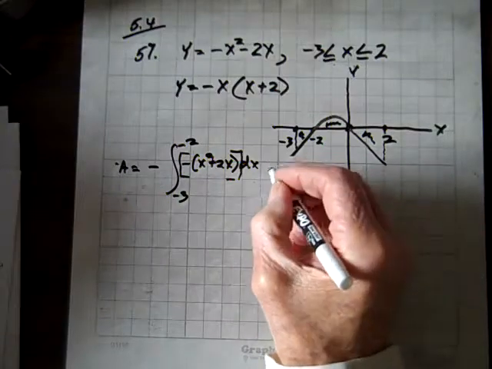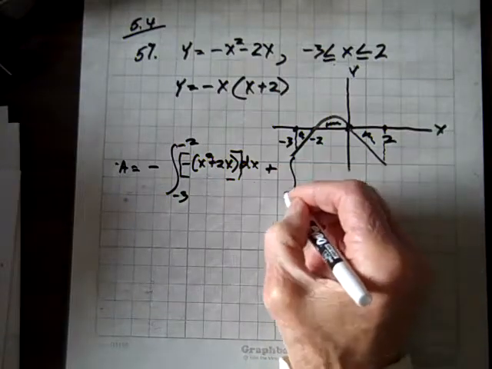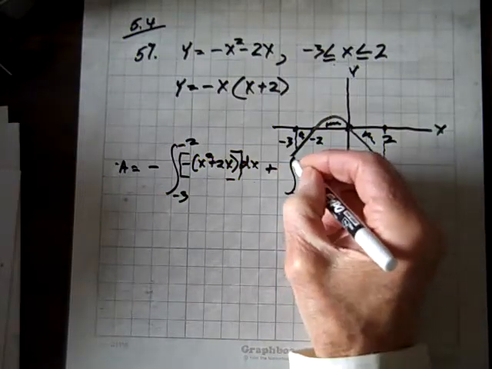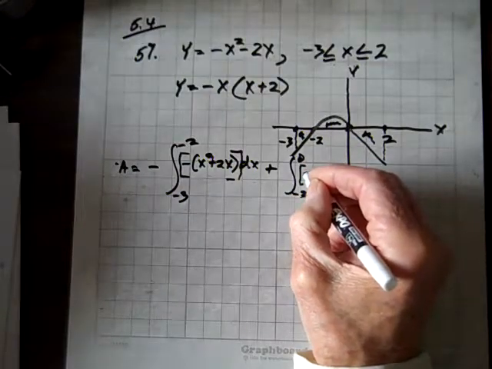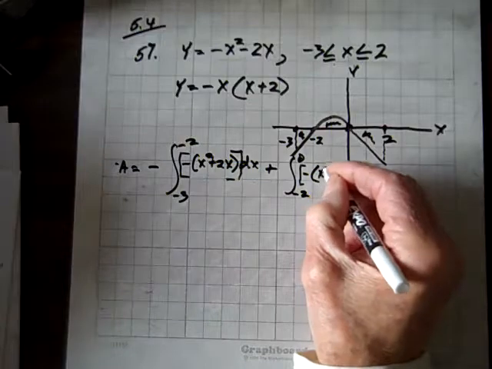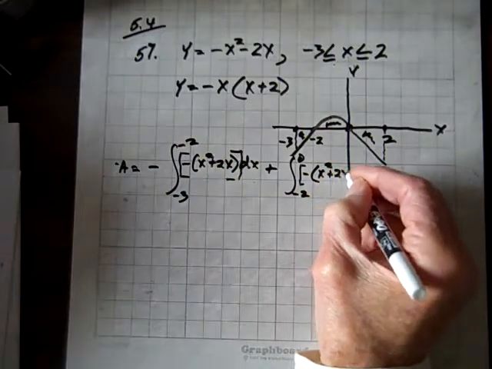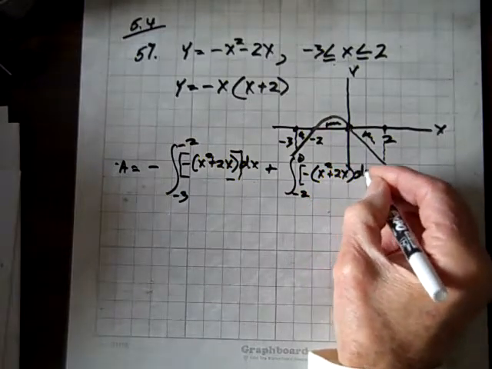Good. And plus then the integral from negative 2 to 0, and we'll factor a negative out of both of these terms, negative x squared plus 2x dx.